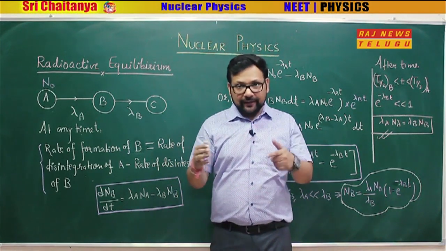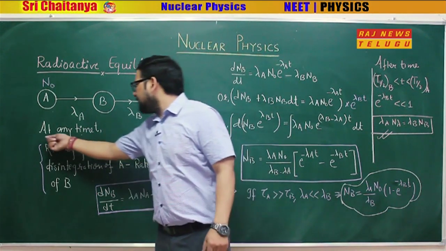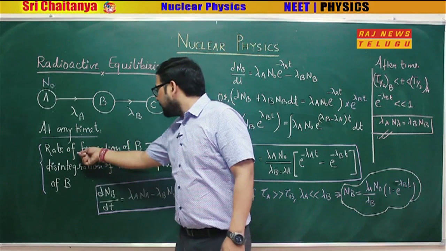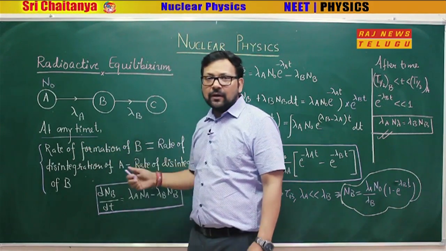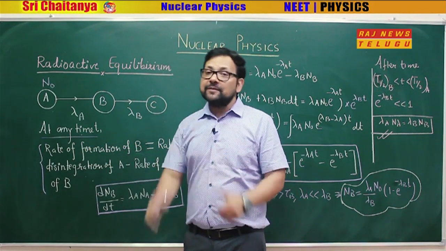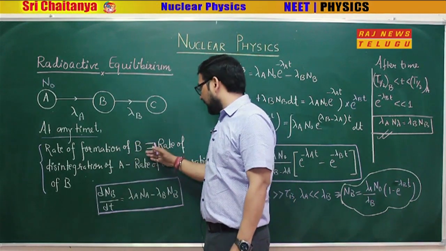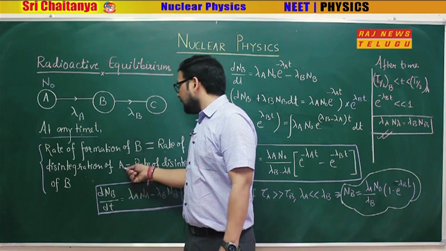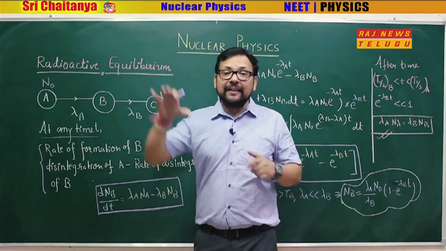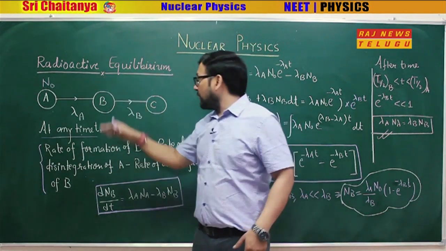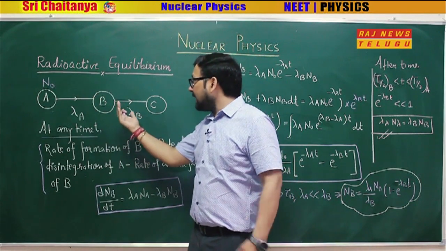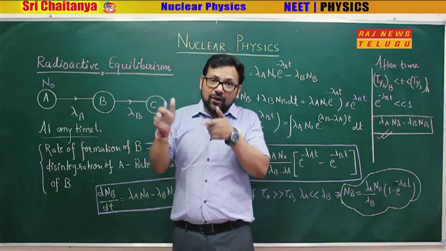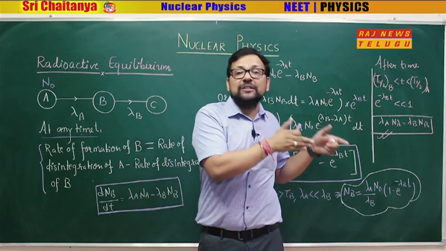being disintegrated. So, see here, at any time T, rate of formation of B, how quickly B is being formed, is basically the rate of disintegration of A. When A is disintegrating, then B is being formed. So B is being formed by A, and after formation, B is disintegrating to C also.